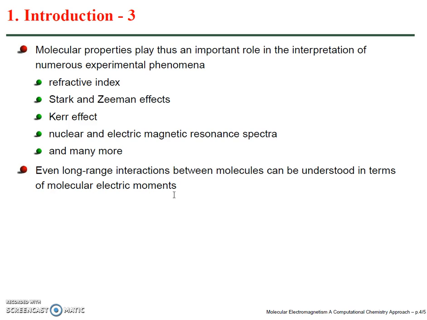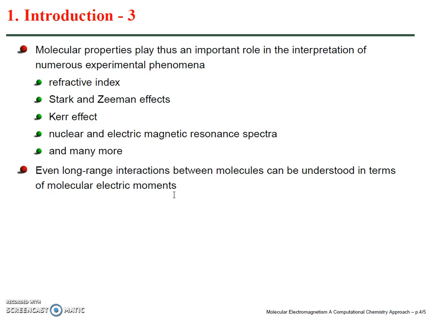Other experiments are, for example, the Stark and Zeeman effect, which means one records spectra, rotation or vibration spectra, for example, in the presence of an electric field, a Stark effect, or a magnetic field, a Zeeman effect, and observes changes in the spectra. The Kerr effect is a similar experiment.